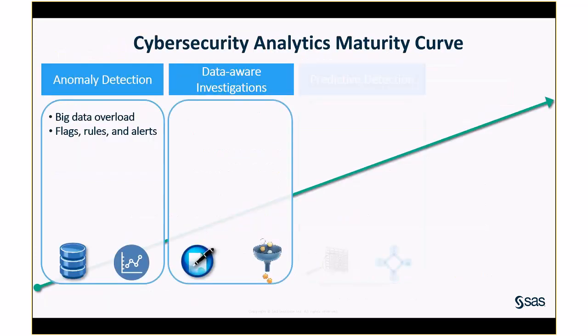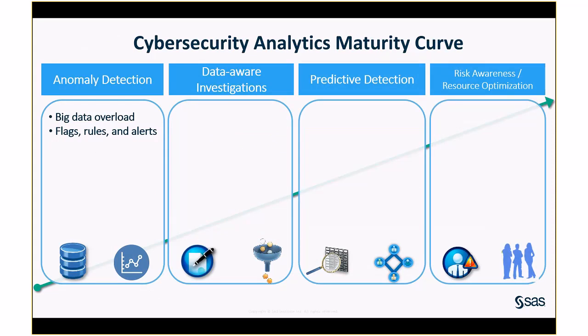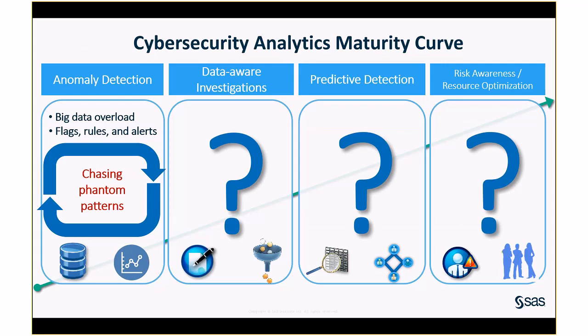And the result is that for most SOCs, they get trapped in a cycle of chasing after phantom patterns. They, in most cases, have large sets of data that they're attempting to analyze, but they haven't essentially validated the methods that they're using. And so they get, again, alert overload. And they end up spending a lot of time chasing after what look like incidents, but in many cases are false alerts.